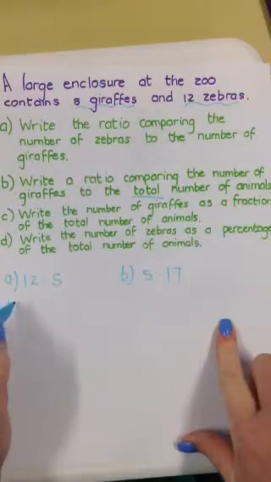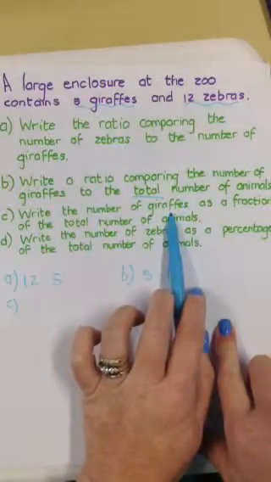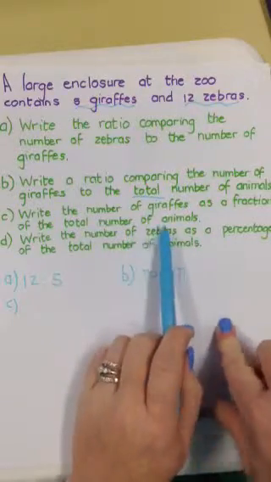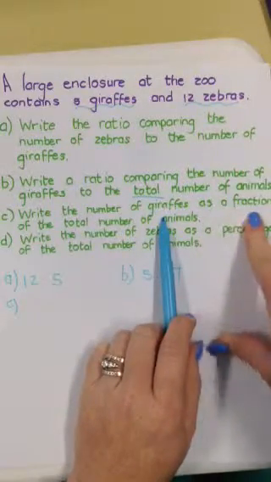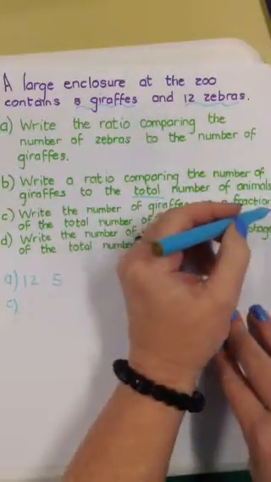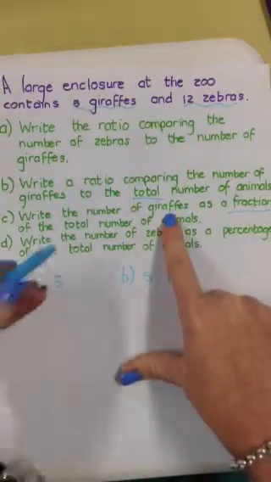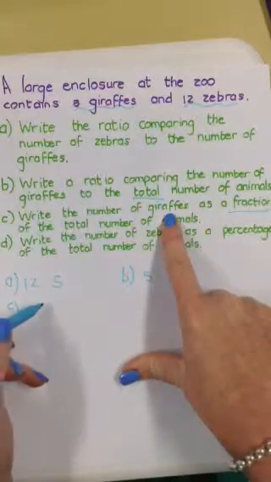Okay, when we look at C, it says write the number of giraffes as a fraction of the total number of animals. I think I spelled giraffes wrong there. Did I? No. Okay, so first of all, highlight, okay, I have to write a fraction. The number of giraffes is mentioned first. So I have to put the number of giraffes at the top.